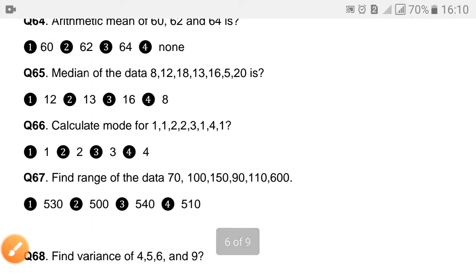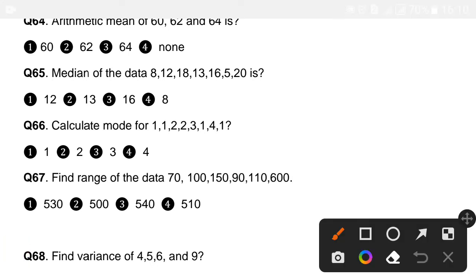Question number 65 is the median of the data 8, 12, 18, 13, 16, 5 and 28. First we have to arrange the given data in ascending or descending order, that is in increasing or decreasing order, and after that the middle value of the given data is the median. So I arrange this data in ascending order.